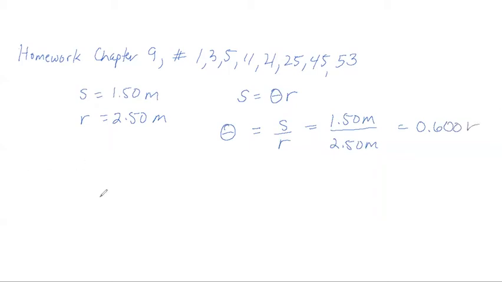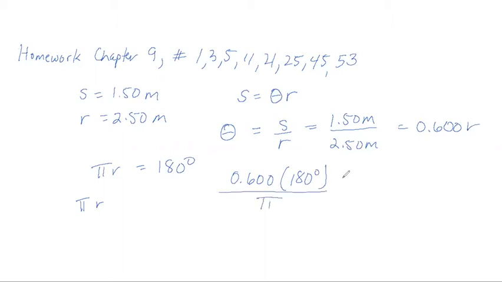radians. Now, if we want to convert that to degrees, we know that pi radians equals 180 degrees. So I have 0.600 times 180 divided by pi, which is going to give me 34.4 degrees.